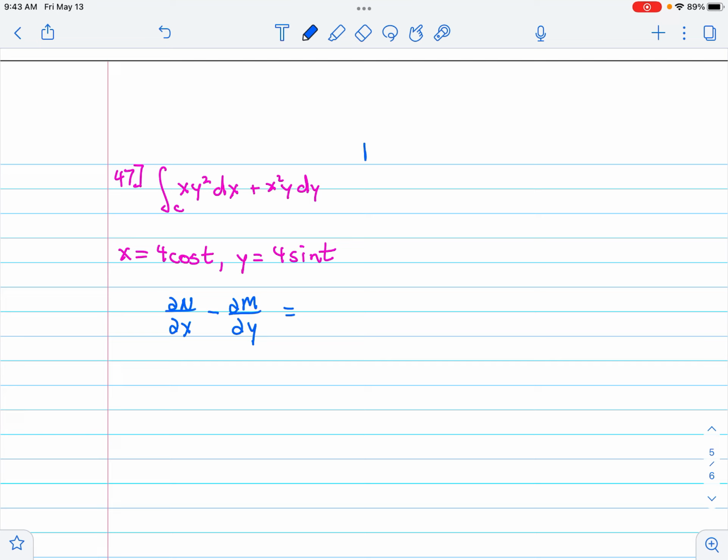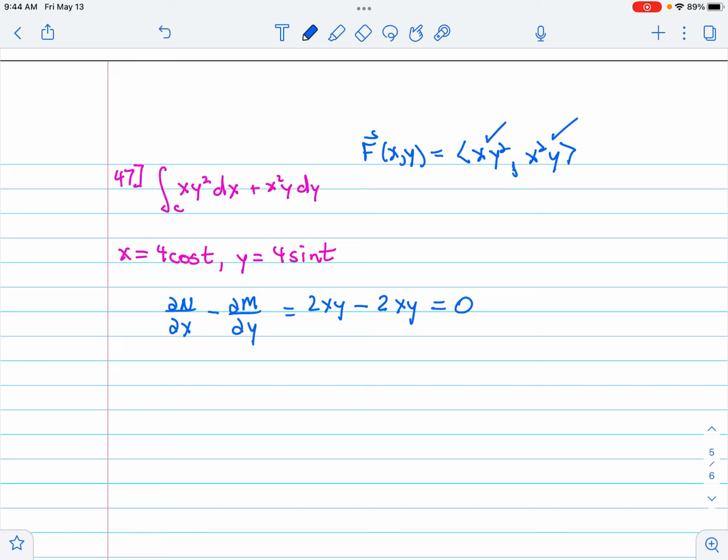Let's just look at this vector field. We've got (xy squared, x squared y). So the partial of N with respect to x is going to be 2xy, minus the partial of M with respect to y, which is 2xy. That gives 0.